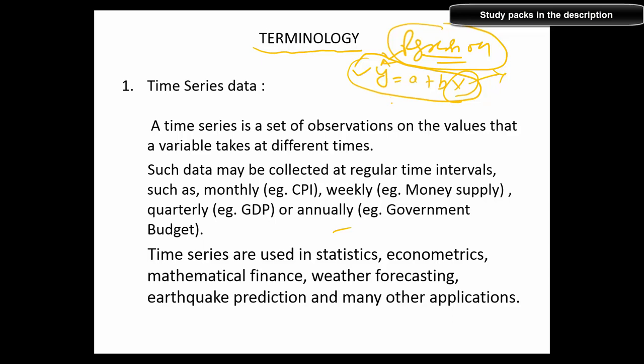Many times you will come across a scenario where you only have the y values for different time periods, and you do not have any x, or you actually don't know what the factors or variables related to your y are.